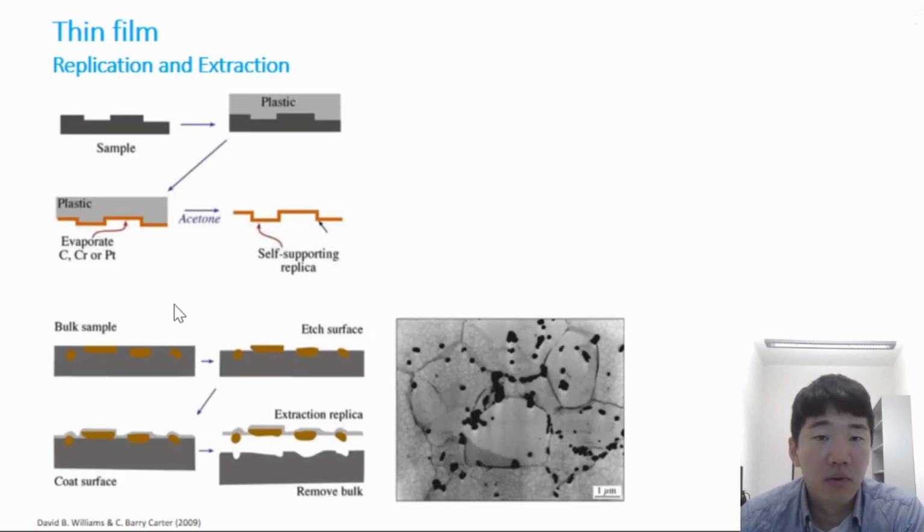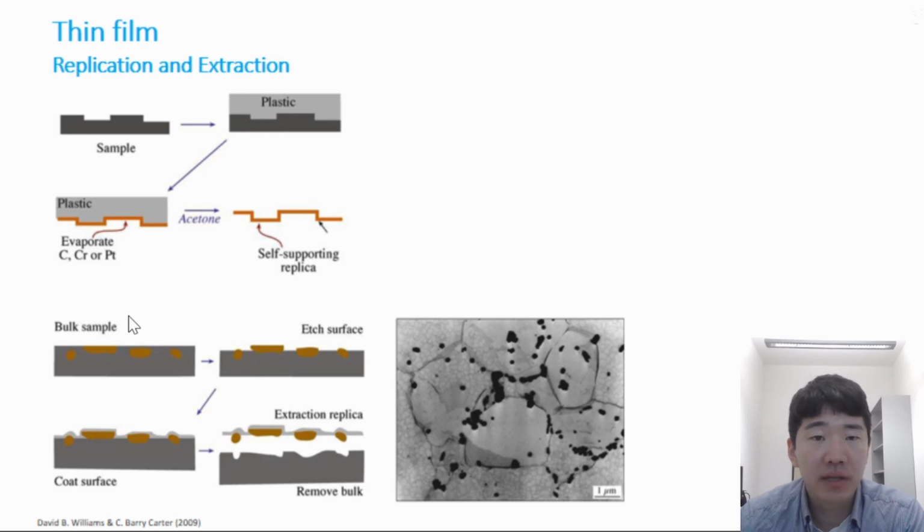These methods are among the oldest TEM preparation techniques, the so-called replication, and it has been used to study the fracture surface or the surface topography in general. The procedure is to evaporate a carbon film on the surface of interest, then etch away the underlying surface, and the carbon film floats up after you etch the plastic.